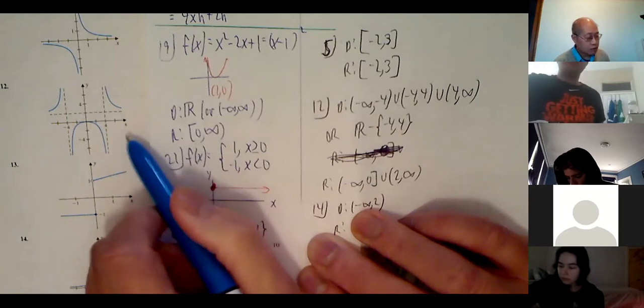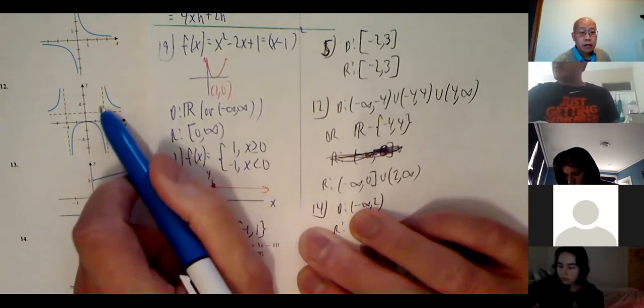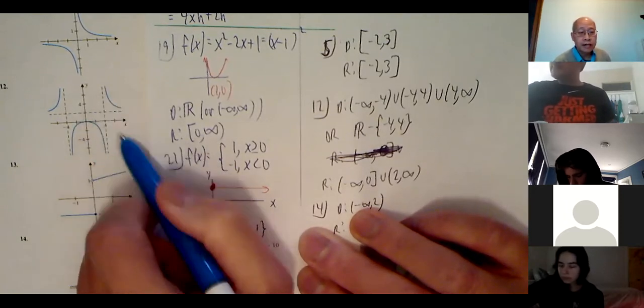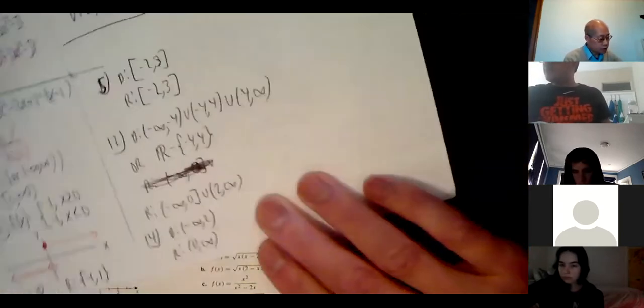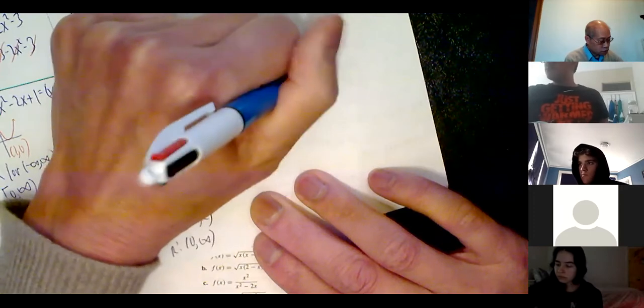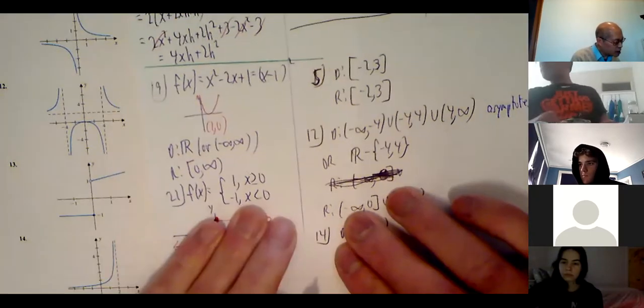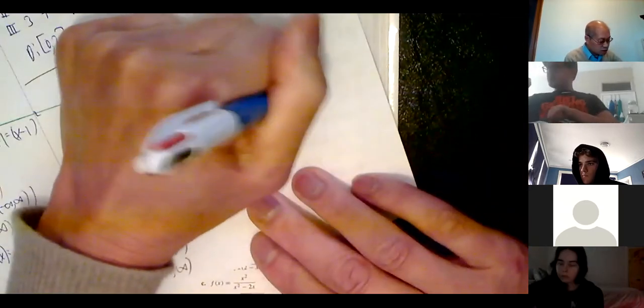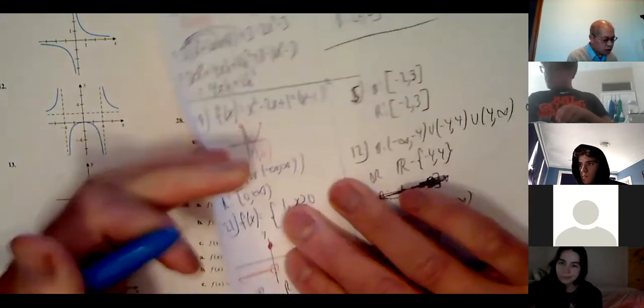Okay, and again, we have some asymptotes. Asymptotes are lines the graph approaches. So let me just write down asymptotes. In that graph, it looks like we had x equals ±4 and y equals 2.